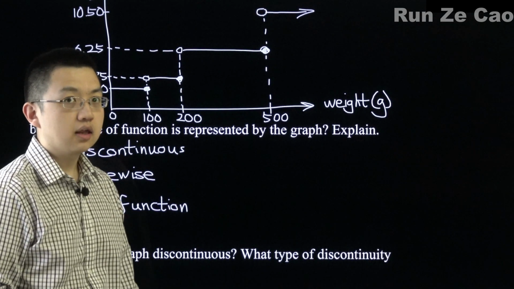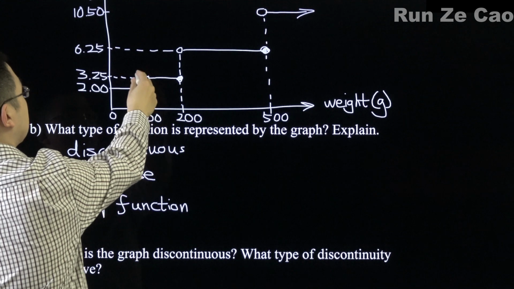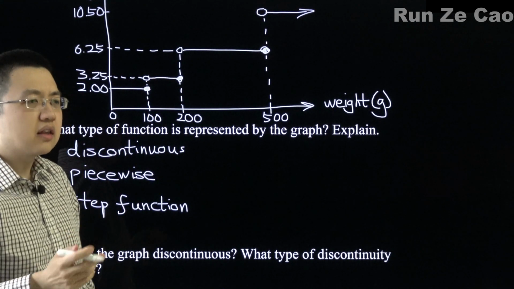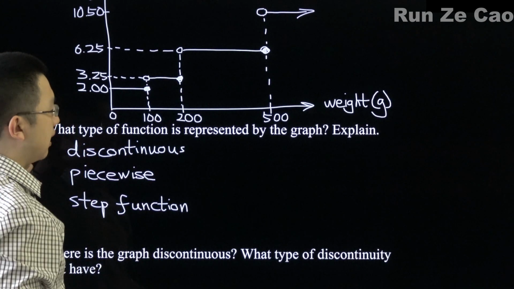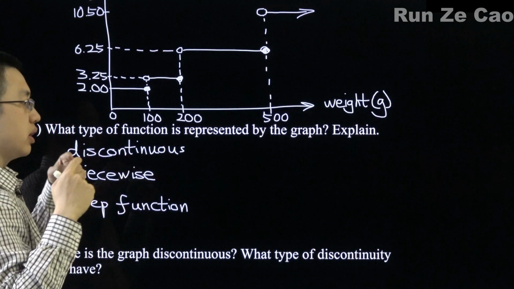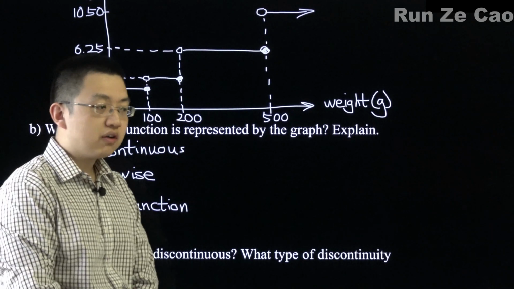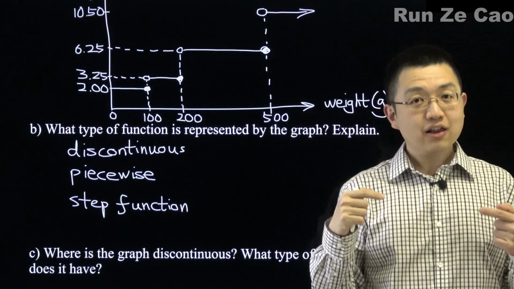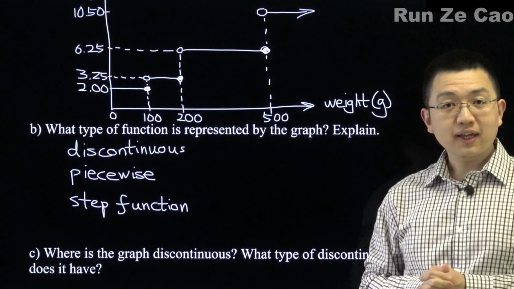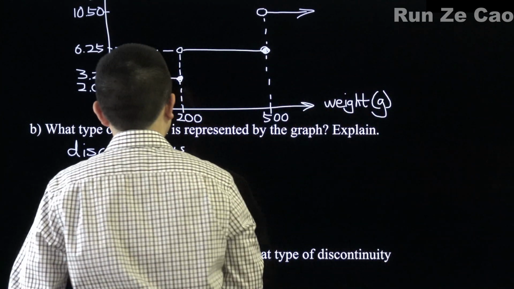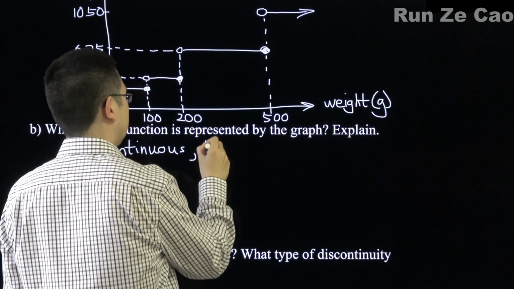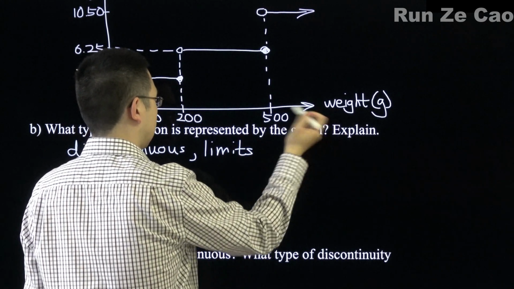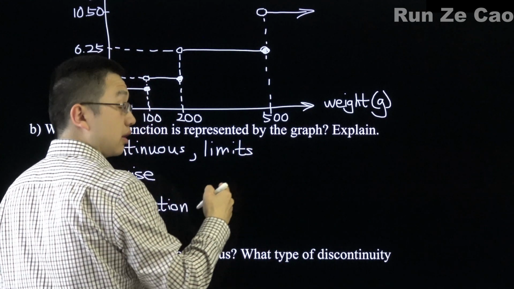Discontinuous is because the limits do not exist at certain values. And what does that tell us? That tells us that at the left side and the right side, we approach different values. Now, given that the limit has to be the same on both sides, and it has to be equal to the actual value there for it to be continuous, that tells us limits make this discontinuous.